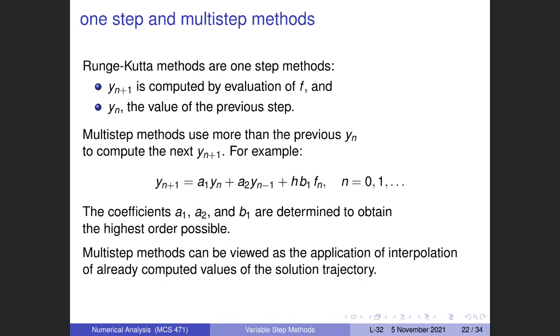And again, we can apply the method of undetermined coefficients, but here we apply Taylor expansions to set the coefficients. So the 2 coefficients that we use in the combination of the current and the previous value, and then also the step, for the multiplier for the function value for the right hand side.